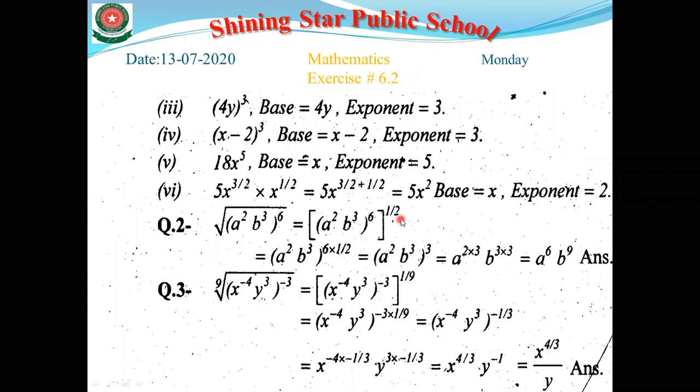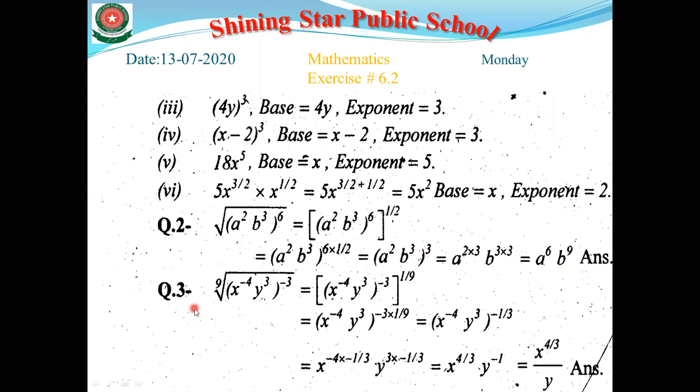In the other method, first you multiply 6 with 1 over 2 and then multiply within the bracket. We adopt the second method here. So 6 multiply 1 over 2: 2 1s are 2, 2 3s are 6, so we have 3. Now we multiply 3 within the brackets. 2 multiply 3, 6. 3 multiply 3, 9. A power 6, B power 9.